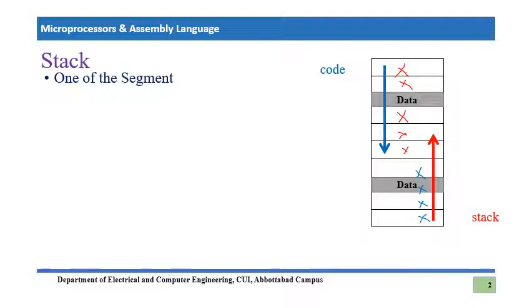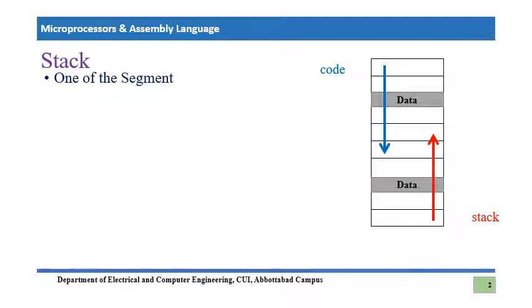In code, you go in sequence: first byte, then second byte, then third byte, and so on. Similarly in stack, you also go in sequence, but from the very last byte, then the second last, then the third last, and the fourth last, and so on. So that is the key difference between the stack and the code segment.